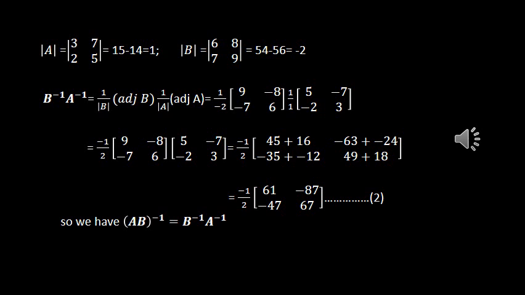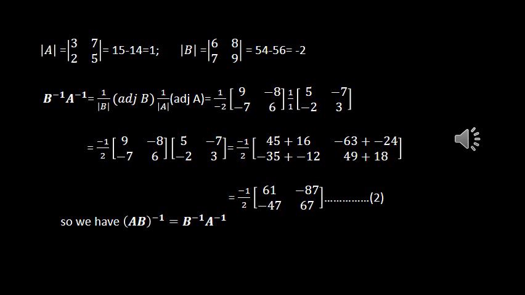Now the two matrices you have to multiply, don't change the order. Adjoint B is to be multiplied with adjoint A, not A and B. So adjoint B multiplied with adjoint A. Again matrix multiplication.